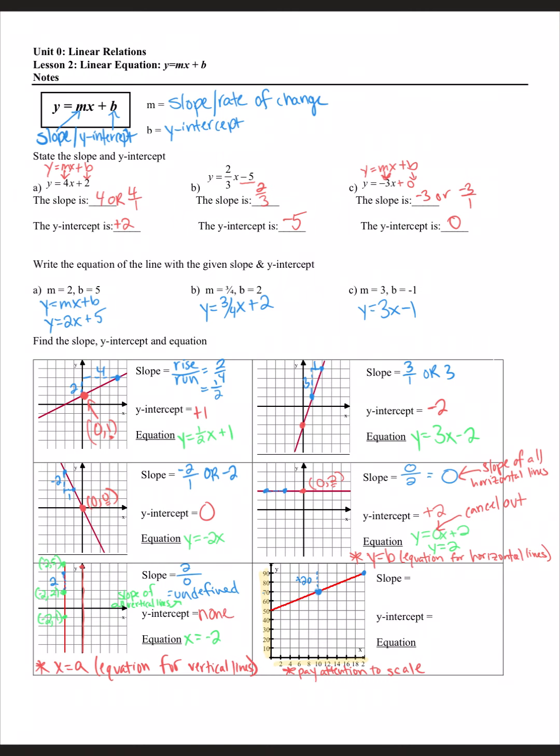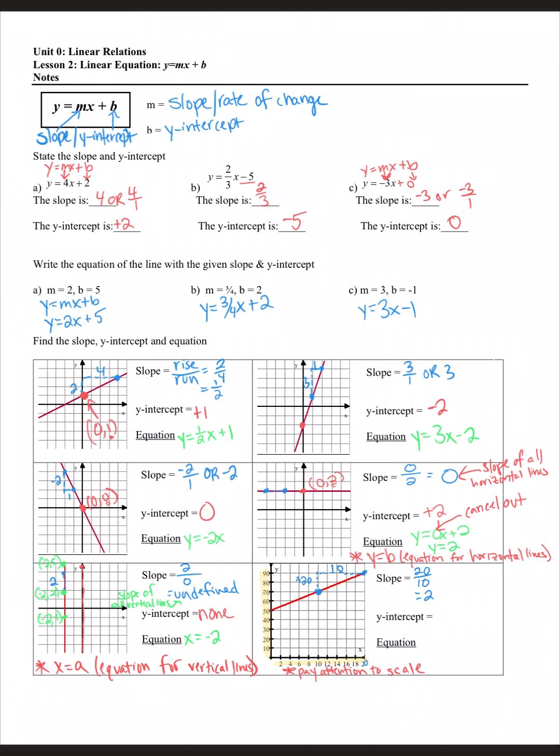And then along my x-axis, that point is lined up with 10, and it goes from 10 all the way to 20. So from 10 to 20, I have a run of a positive 10. So my slope is going to rise 20 and run 10. That means it's going to be 2 over 1, or just 2.